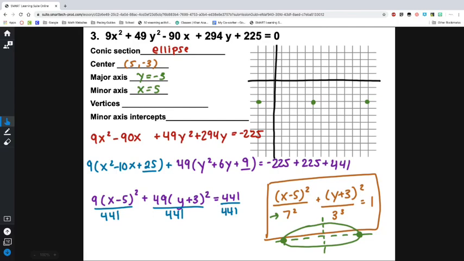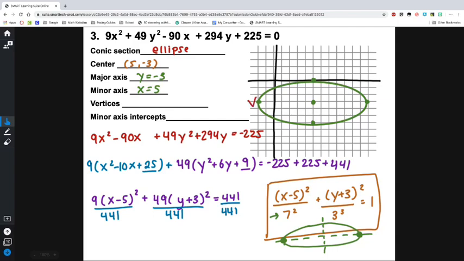The number under y is 3, so we're going to go up 3 and down 3. And then we're just going to connect the dots. So we're going to sketch the curve there with that information.